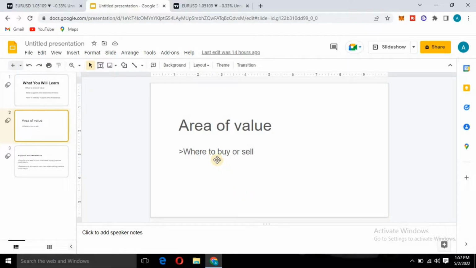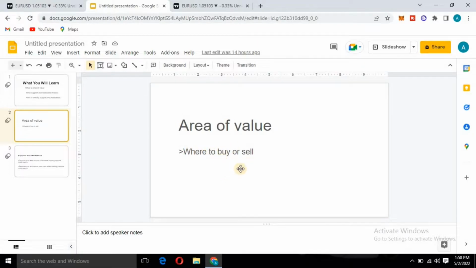So area of value is where exactly you are going to be buying in the market, because you are not meant to just jump into the market once you identify market structure and buy at any place you see. So you need to identify area of value. It means that portion in market structure where you are going to be buying or selling. So that is what it means.